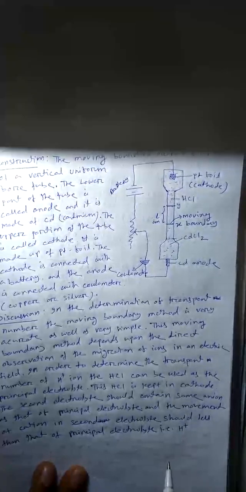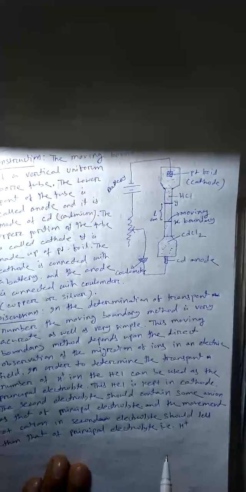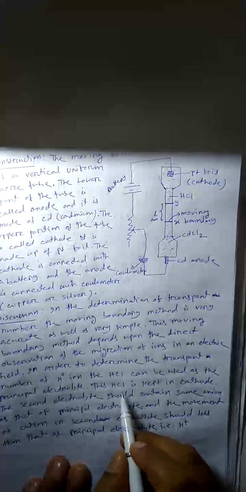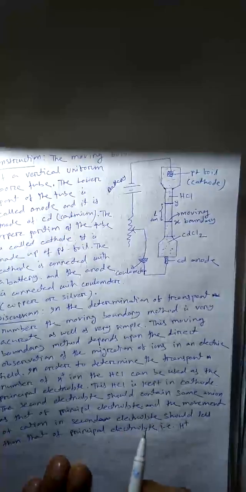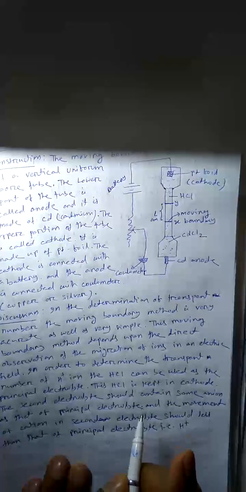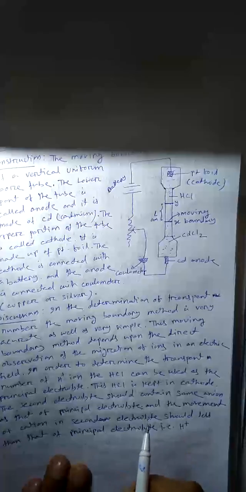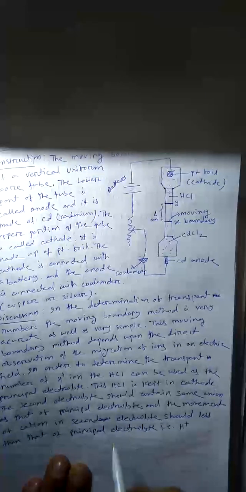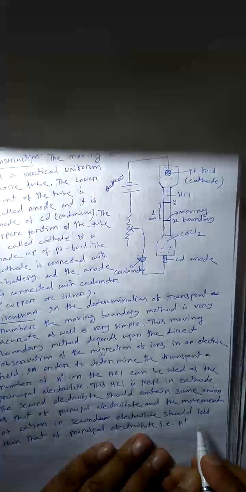So the movement of cation in the second electrolyte should be less than that of the principal electrolyte.